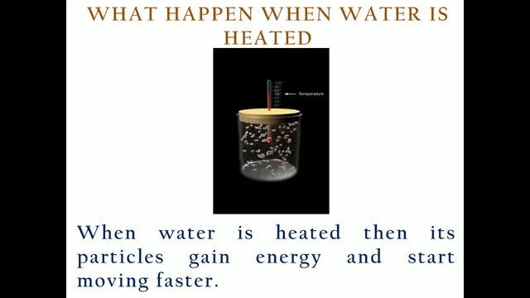Here you can see, first of all, we are decreasing the temperature. As you can see, we are reducing the temperature, so the movement of the particles is slowing down. Now we are increasing the temperature, so you can see the particles of the water are moving more randomly. This movement is increasing by a change in temperature, or by heating the water.